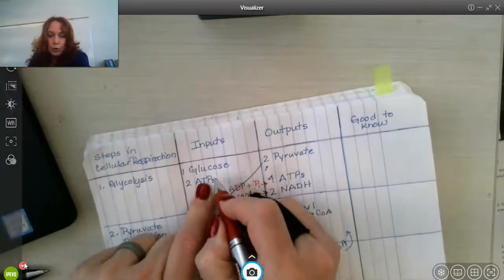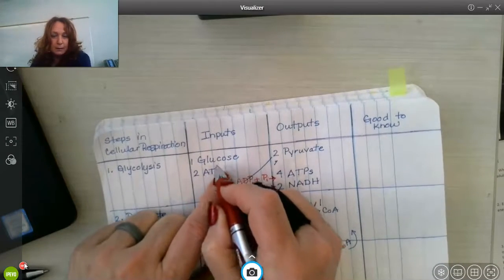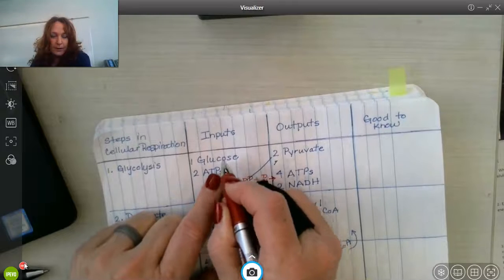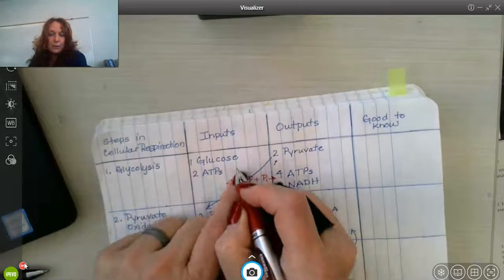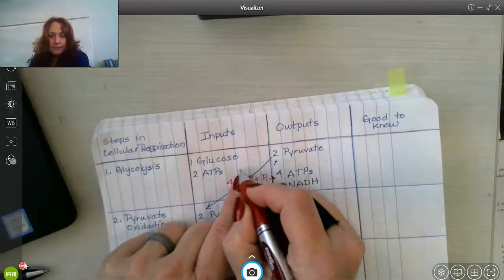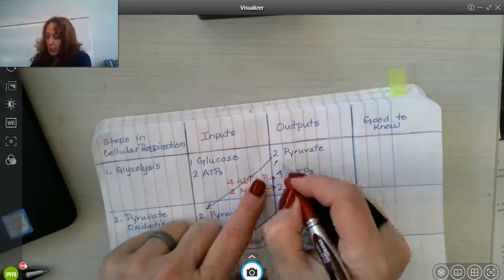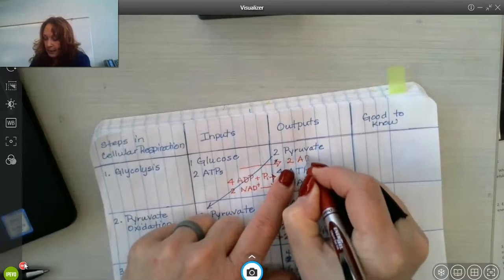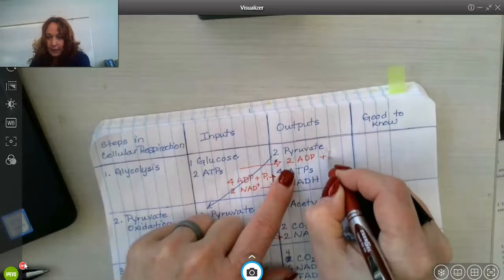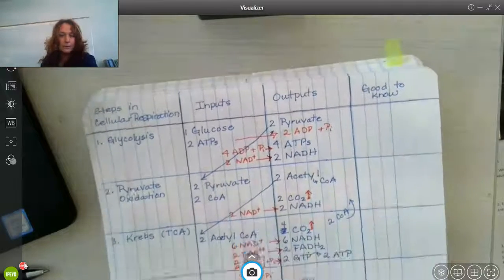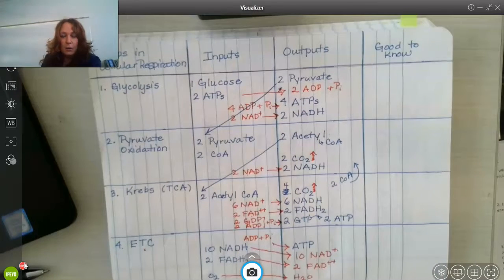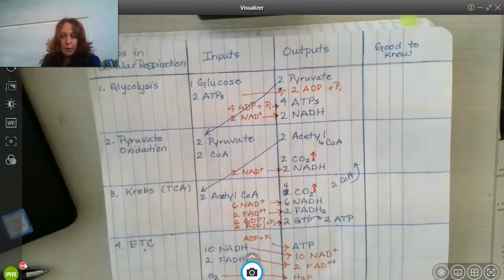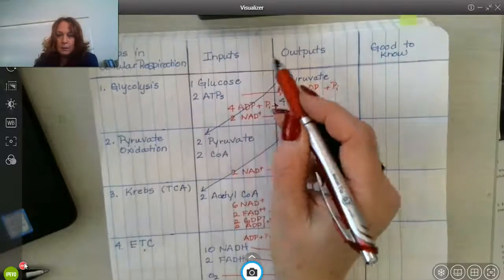Oh, I know what it was, right here. When you use ATP and you snap off one of the phosphate groups and use that energy from that high energy phosphate on the third, you're going to generate 2 ADP and that inorganic phosphate group. So now I think it's all complete as far as what goes in, what goes out.